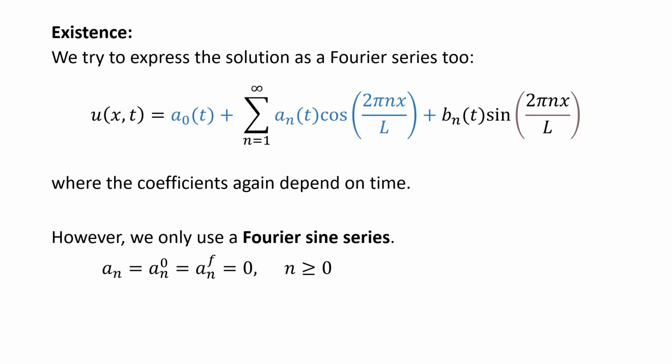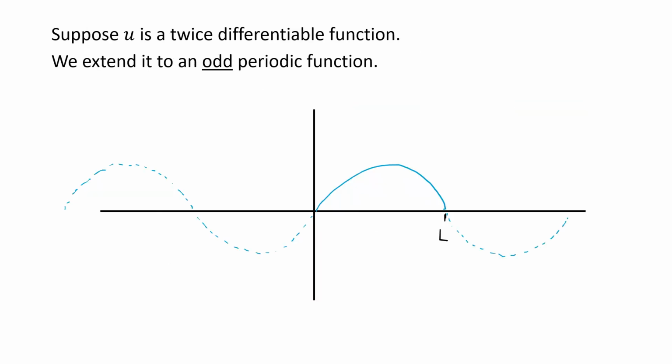Why is that a good idea? Why is that a natural idea? So why would we use a Fourier sine series? Why couldn't we just use a Fourier sine and cosine series? Well, to appreciate that choice, let's go a few steps back and recapitulate that the Fourier series is used to approximate periodic functions.